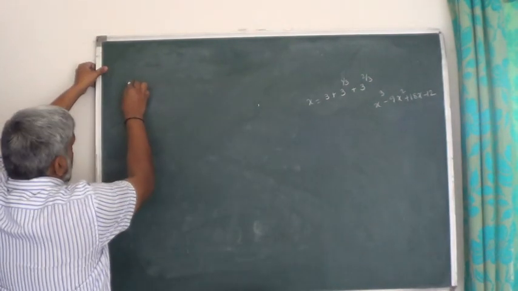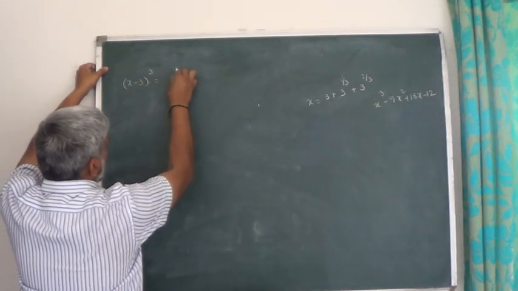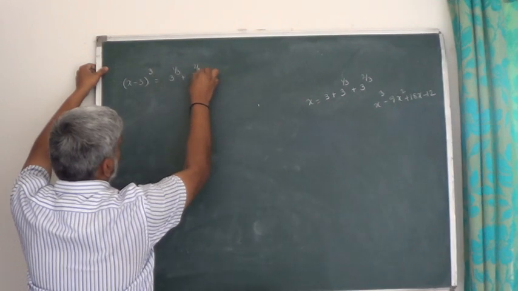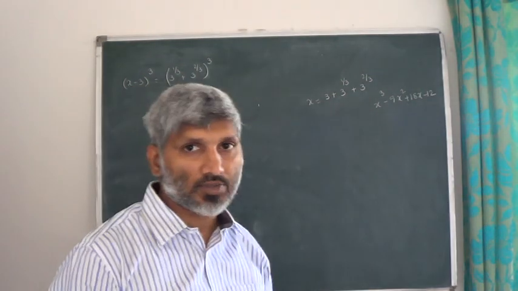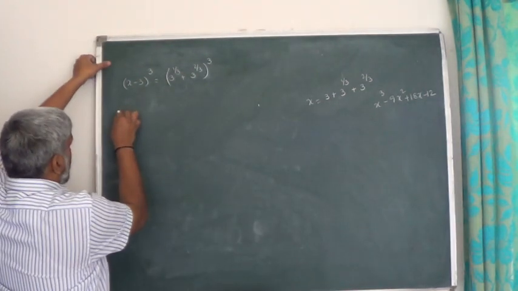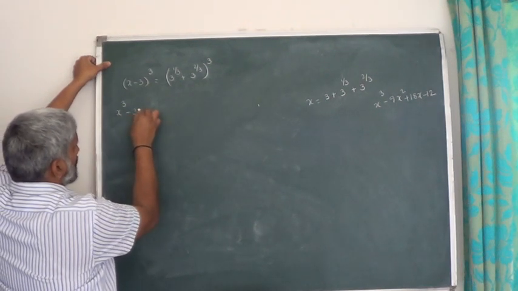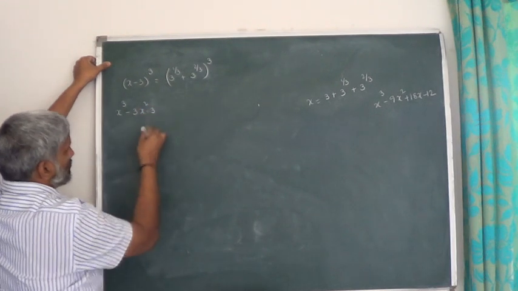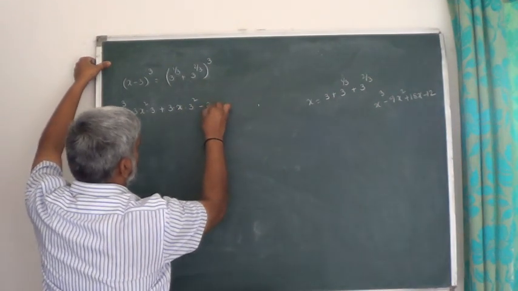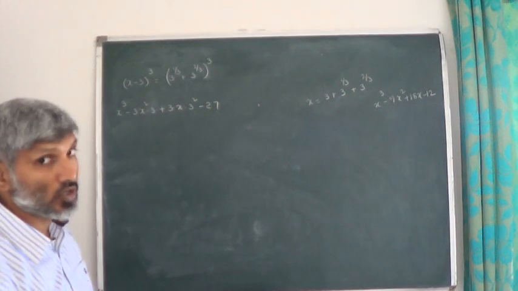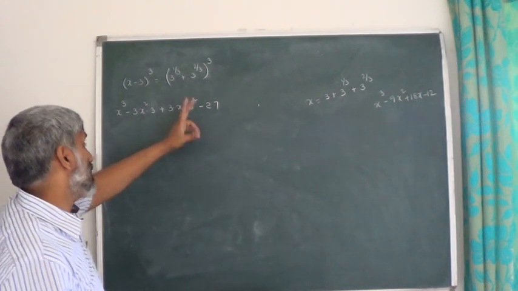Come on. So we can write this one as x minus 3 whole cube is equal to 3 power 1 by 3 plus 3 power 2 by 3 whole cube. a minus b, cubing on both sides. Now this is equal to x cube minus 3 into x square into 3 plus 3 into x into 3 square minus 27. A minus b whole cube formula: a cube minus 3a square b plus 3ab square minus b cube.